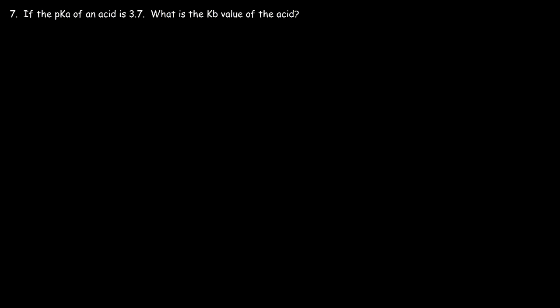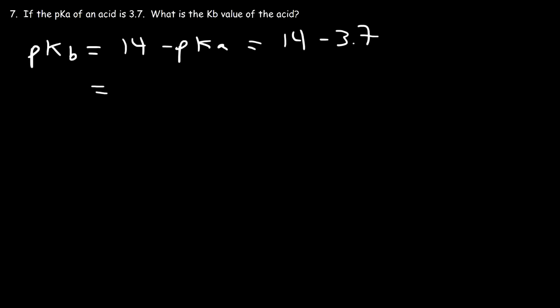Number 7. If the pKa of an acid is 3.7, what is the Kb value of the acid? So first, let's calculate pKb, which is going to be 14 minus the pKa value. So that's 14 minus 3.7. 14 minus 3 is 11, and 11 minus 0.7 is 10.3.